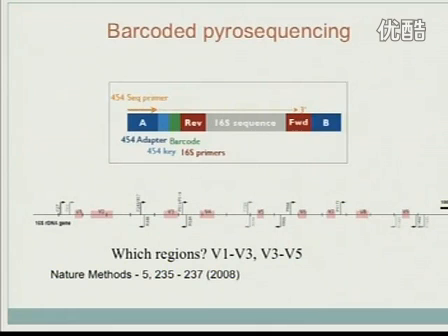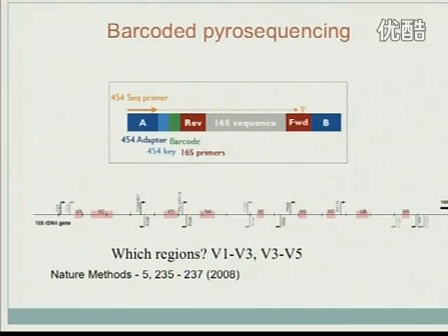One of the difficulties is that you don't really get the full length of 16S, because second generation sequencing techniques can't give you 1,500 base pair long reads. As I said, 454 is the most commonly used technique for sequencing 16S RNA gene fragments.